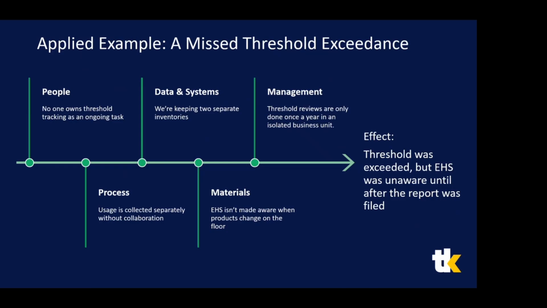For management, the threshold review for TRI is only done once a year, and it's done in EHS, which can unfortunately become a bit of an isolated business unit, versus procurement, which has an up-to-date list of chemicals on site at any given moment because they're the ones moving the money around to buy those chemicals.